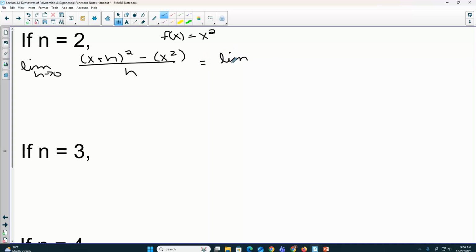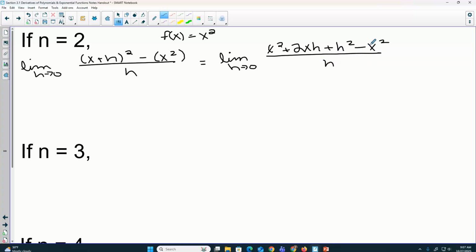If I work this out, x plus h squared turns into x squared plus 2xh plus h squared, minus my x squared, divided by h.